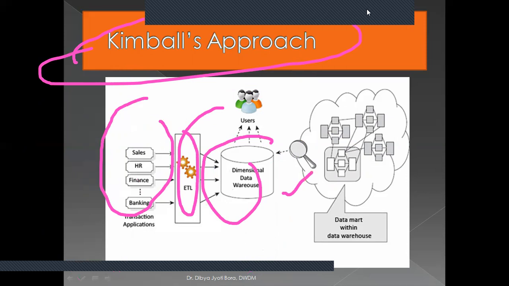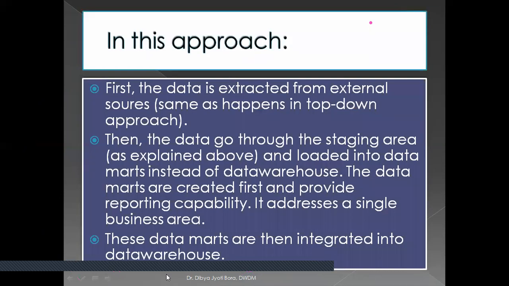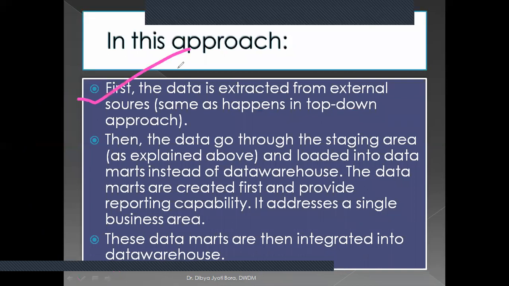Okay. Now, let's go through some textual part. First, the data is extracted from external sources, same as happens in the case of the top-down approach. Then the data goes through the staging area and is loaded into the data mart instead of the data warehouse. The data marts are created first and provide reporting capability.